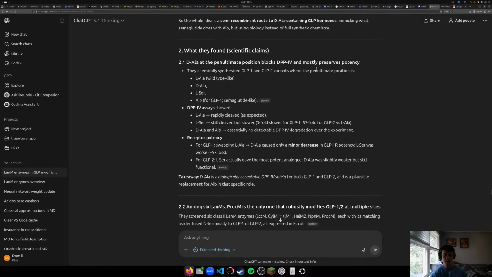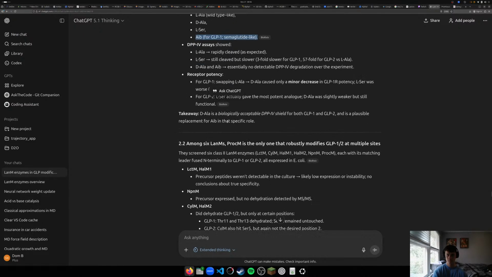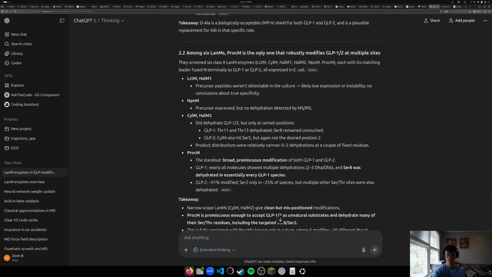Penultimate position blocks, mostly preserves potency. ProcM is the only one that robustly modifies at multiple sites. So that's my enzyme right there, ProcM.